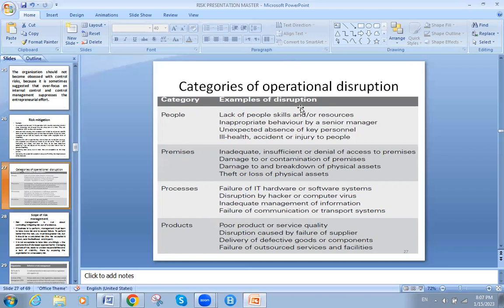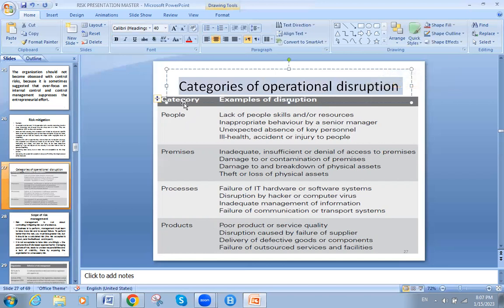Those are all examples of disruption because of the people. A health accident or injury to the people that will stop them from working or reduce their productivity at work. So the first category of potential disruption is people, and these are examples of disruption, like accidents and absence of very important persons. These things will increase the risk.